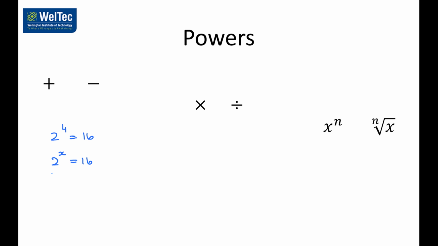And what they say is that if 2 to the 4 equals 16, then log to the base 2 of 16 equals 4. Logs ask us a question. They actually ask us a question.